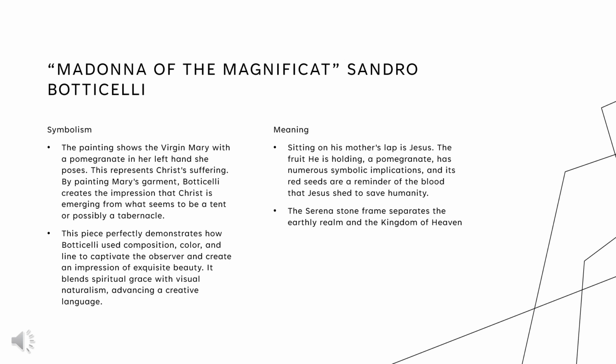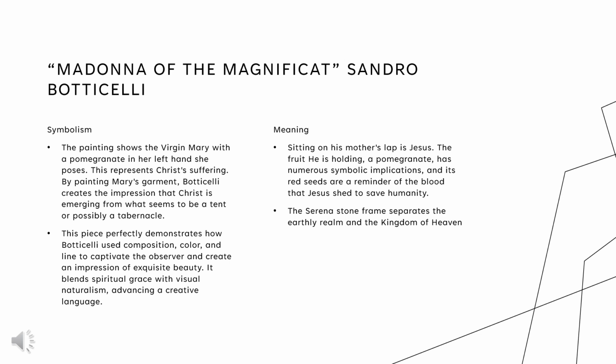By painting Mary's garment, Botticelli creates the impression that Christ is emerging from what seems to be a tent or possibly a tabernacle. This piece perfectly demonstrates how Botticelli used composition, color, and line to captivate and create an impression of exquisite beauty. It blends spiritual grace with visual naturalism, advancing a creative language.